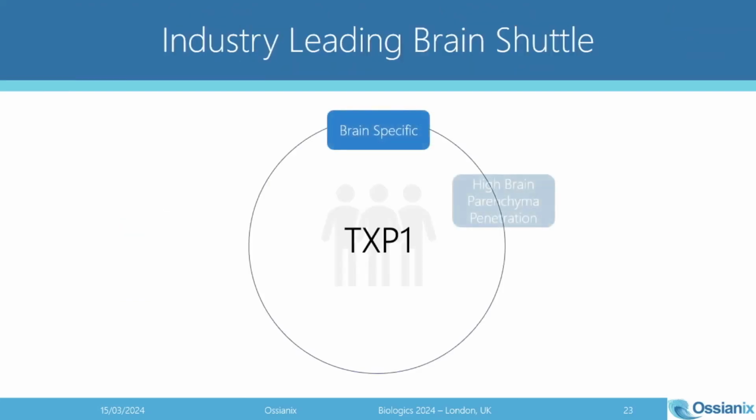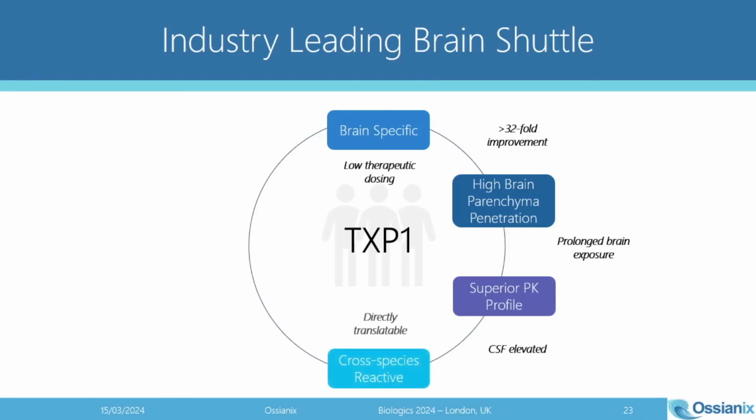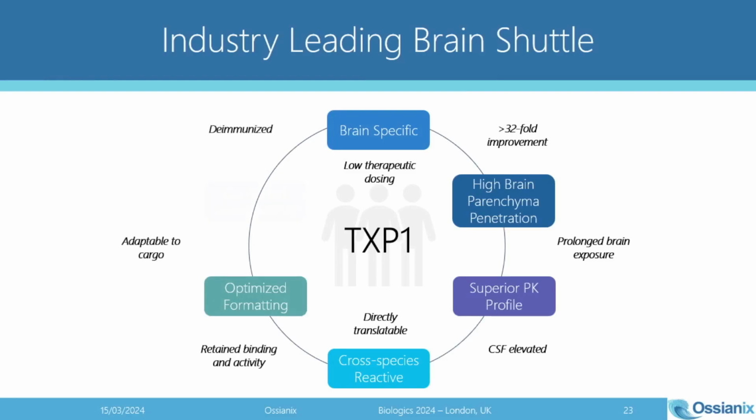So overall, what we think we developed is an industry-leading brain shuttle, with very high brain specificity, high parenchymal penetration, with delivery of different therapeutic payloads, such as antibodies, with over 30-fold improvement. We have a superior PK profile because of that brain specificity, so we have prolonged exposure in blood, but also in the brain. So it's not a transient process.